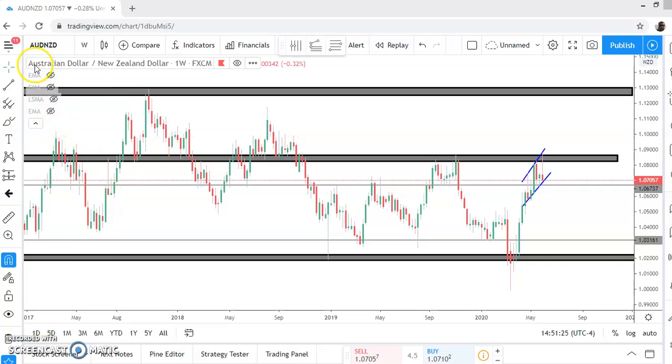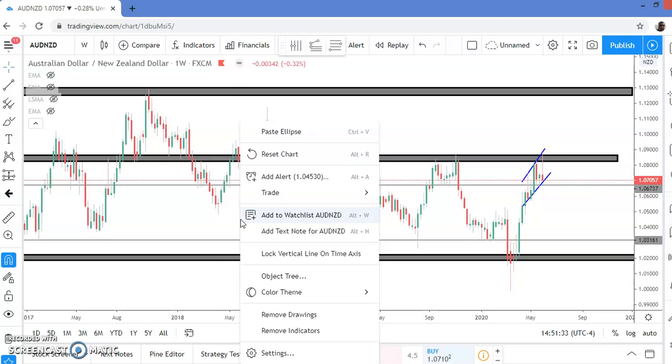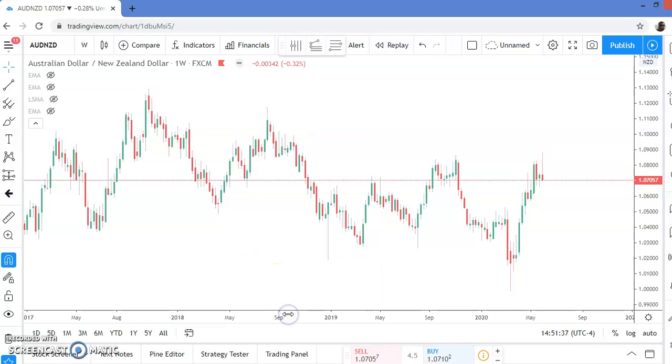So here we are on TradingView. We are looking at the Aussie New Zealand pair. I'm actually going to remove my previous drawings for this video so we can mark this up together.